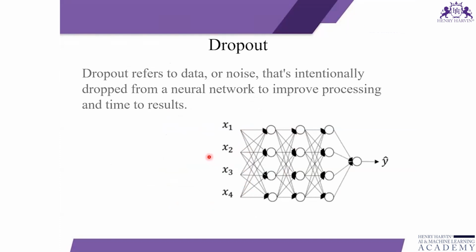In this case, we will write Z1 as W1x1 plus W2x2 plus W3x3 plus W4x4. Here we had 4 inputs, and say I have taken 4 weights also.